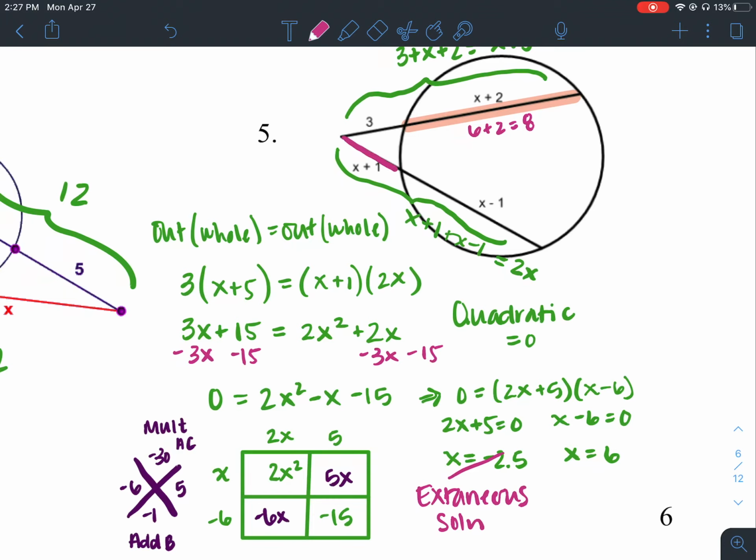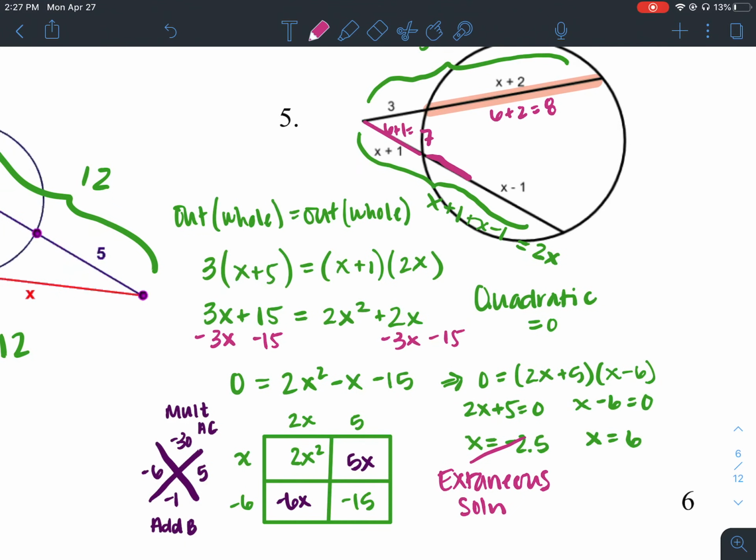So let's go out here with the x plus 1. That gives me 6 plus 1. That gives me 7. That works. It might not look like it because it may not be drawn to scale, but 7 is an absolutely acceptable answer for a distance. My last one is this piece right here, where it's x minus 1.